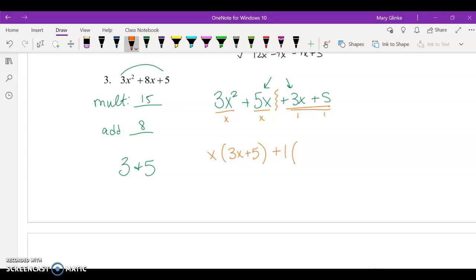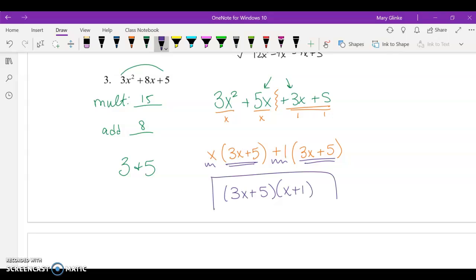Okay, so if these have nothing in common, take out a 1. So 3x divided by 1 stays 3x, and 5 divided by 1 stays 5. And by factoring out this 1, we can see that 3x plus 5 is our factor, and then we would need to have x plus 1 as our other factor in order to make that work.